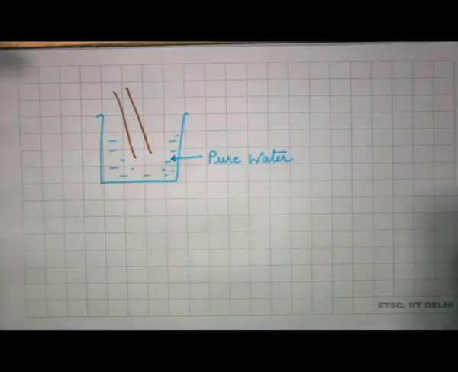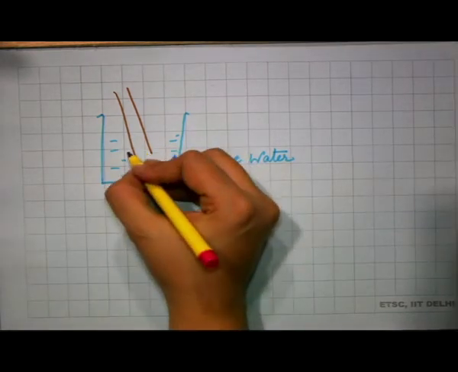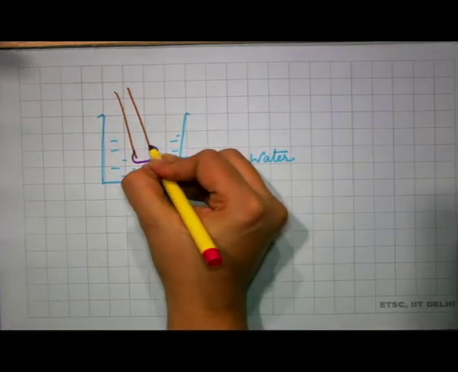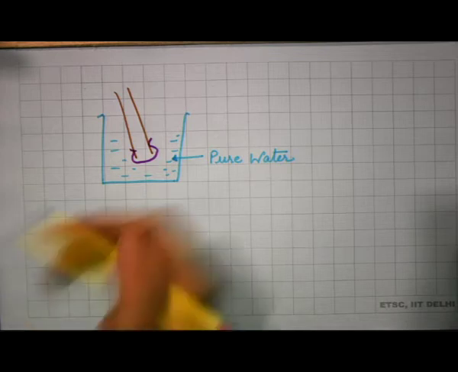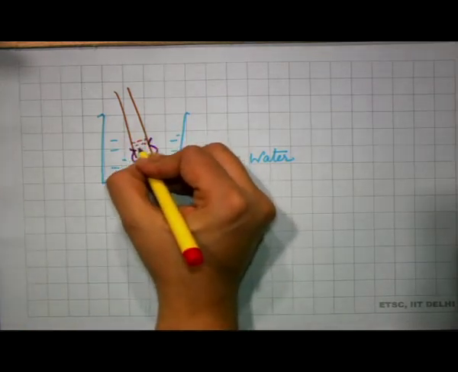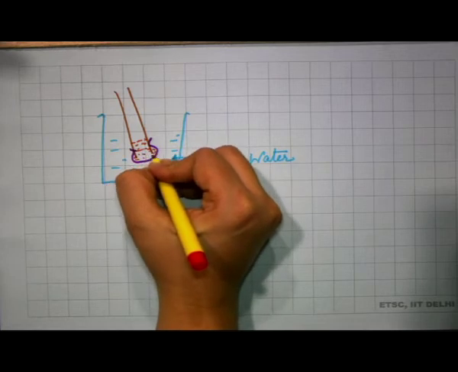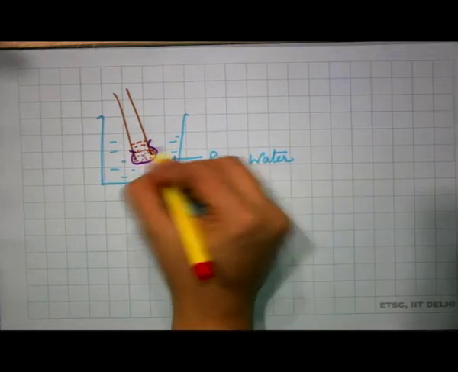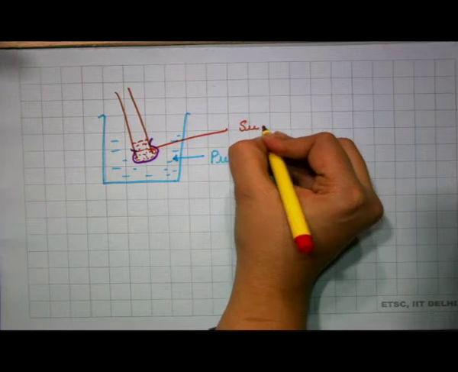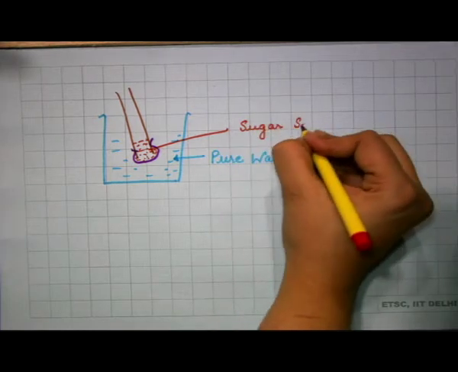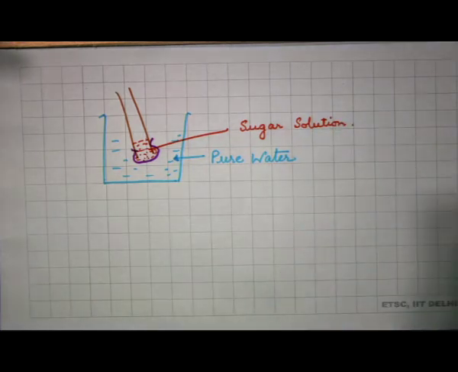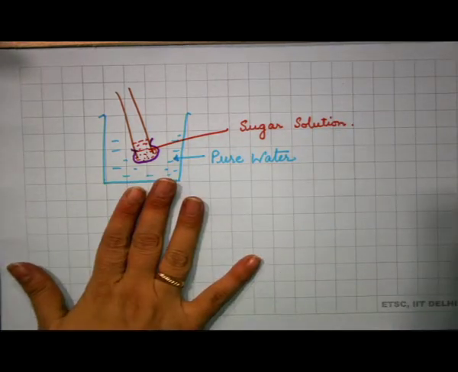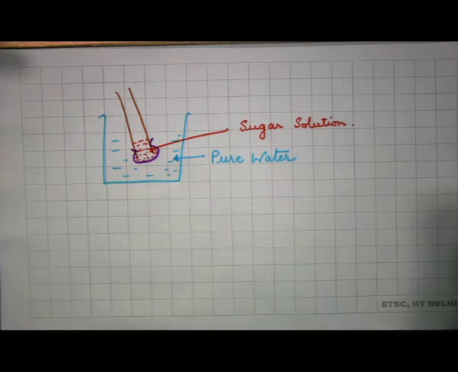On one end of the test tube was a semi-permeable membrane tied to it, and then we filled the test tube with a sugar solution, and we have kept this experimental setup for observation. We will return to it in a while.